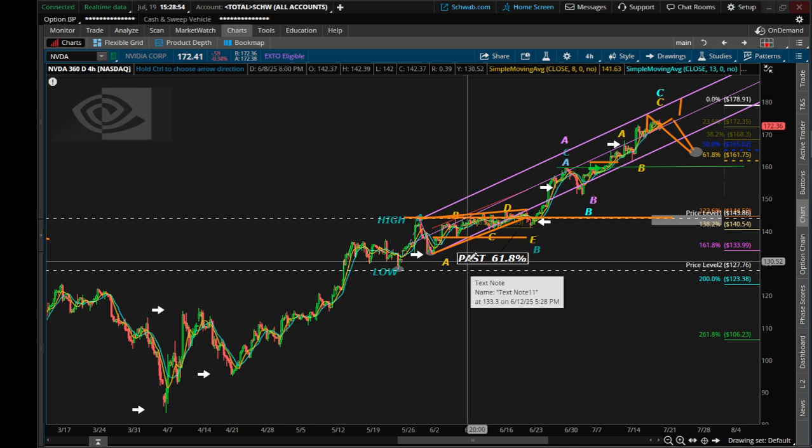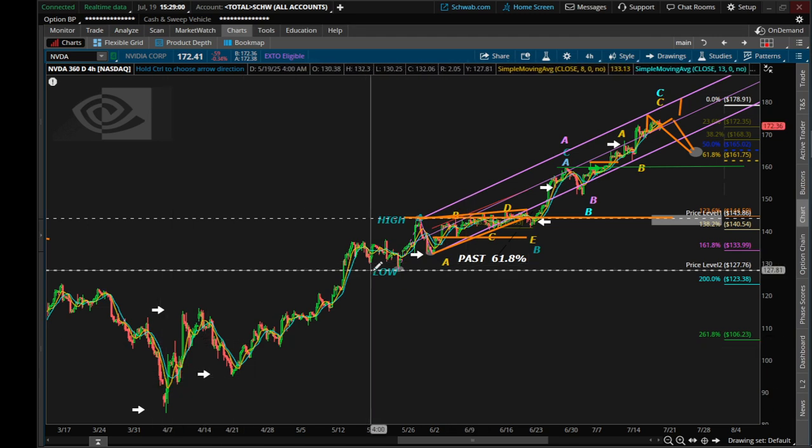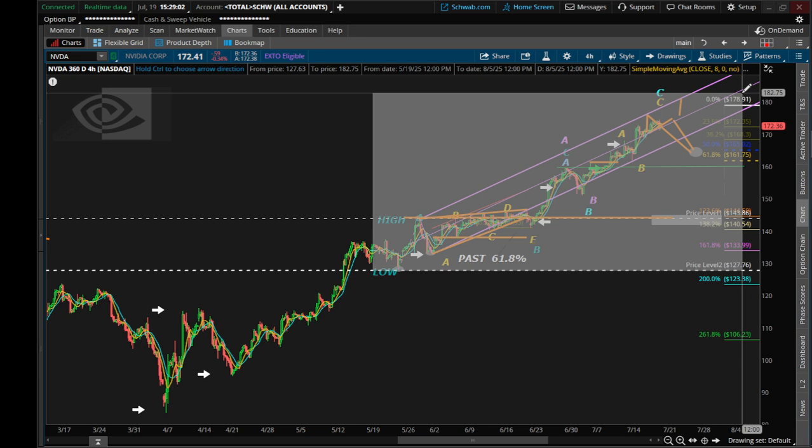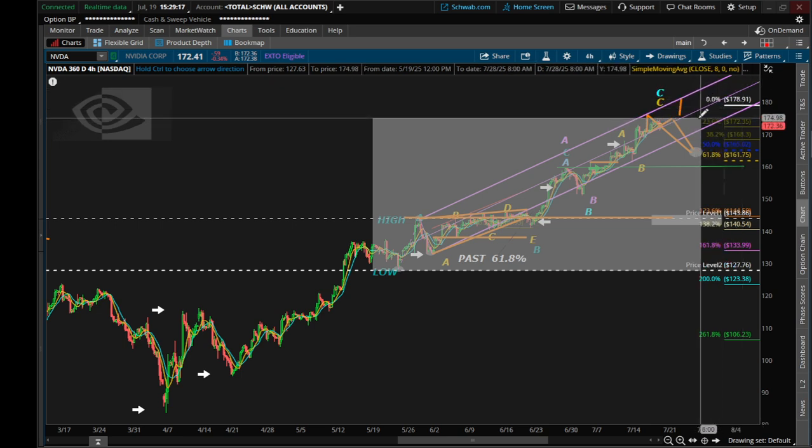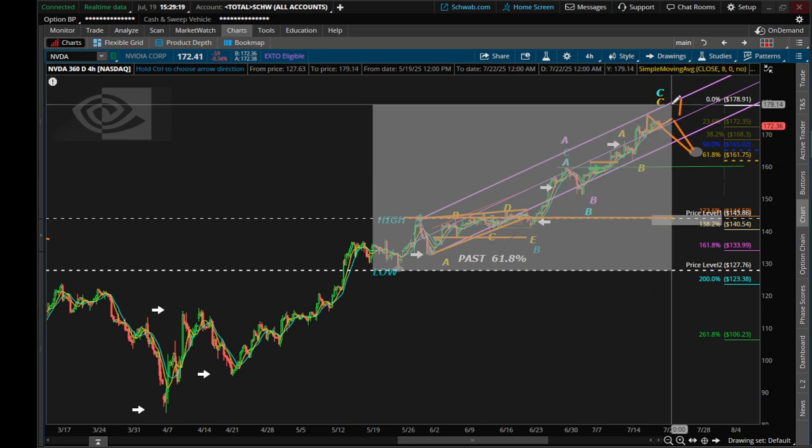I was trying to prove that we didn't have to find the initial beginning of the move, just get in the middle of the move, finding any 2 swings to find our 3rd swing. Just find an A and a B, and then we'll measure with our fibs to get our C and use the pitchfork to help us along the way.